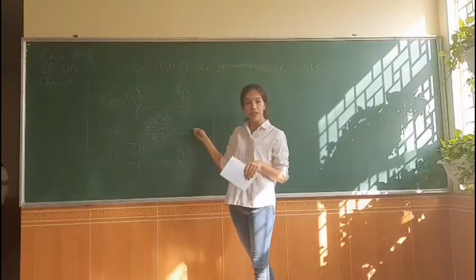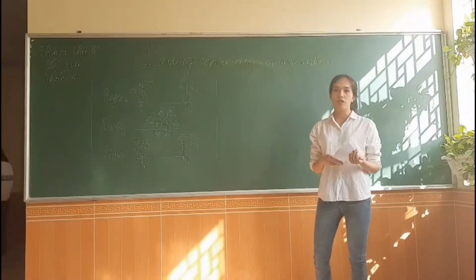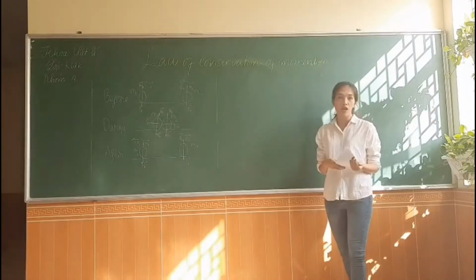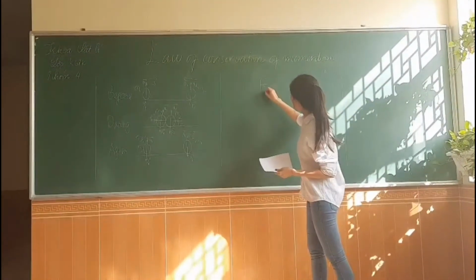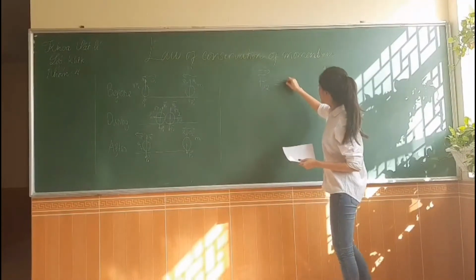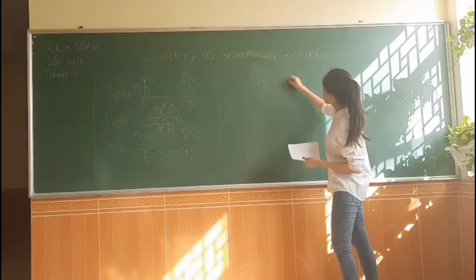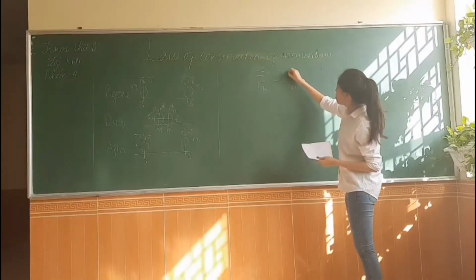Is this right? The forces are according to Newton's third law. So we can get the force of object 1 on object 2 equal to minus the force of object 2 exerted on object 1.